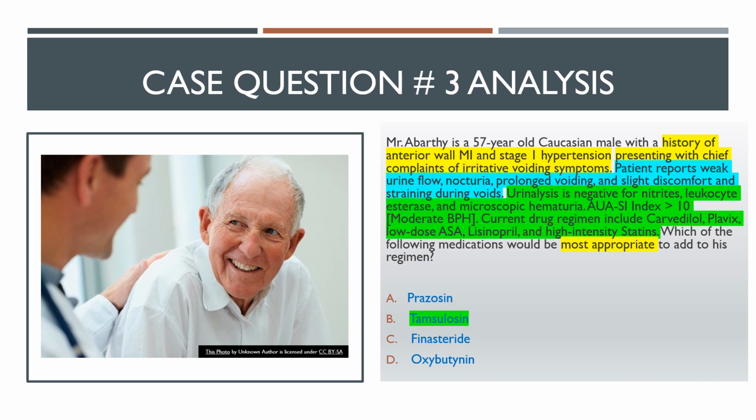It carries a lower risk of first dose syncope. All other answer choices or regimen require a compelling indication or confirmation of progression of BPH or a secondary evaluation from a specialist.